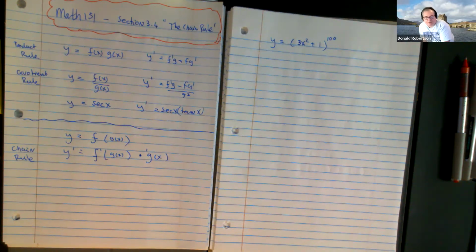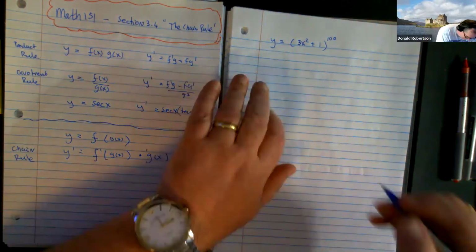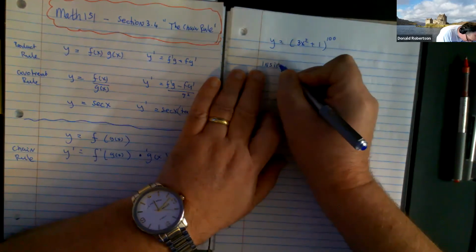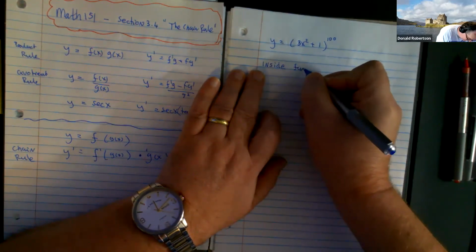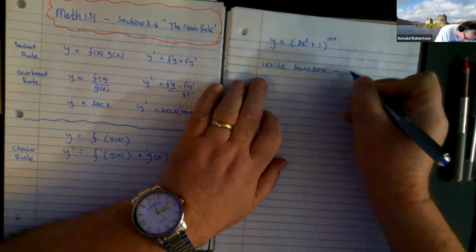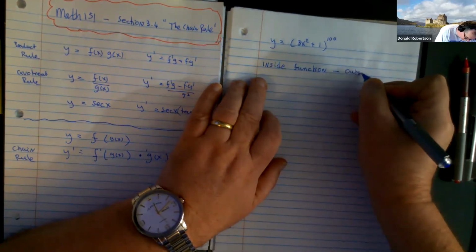So what they figured out was this trick called the chain rule. You're going to find these terms used in some textbooks. There's a guy called the inside function, and there's another guy called the outside function.